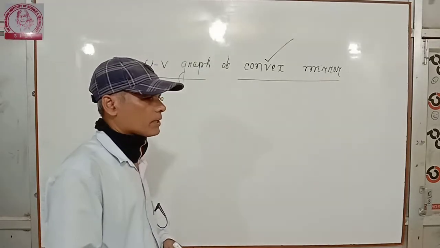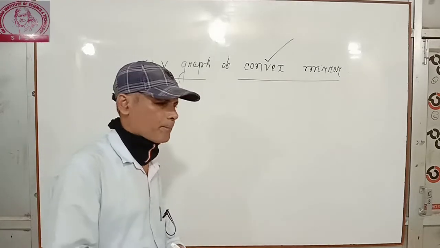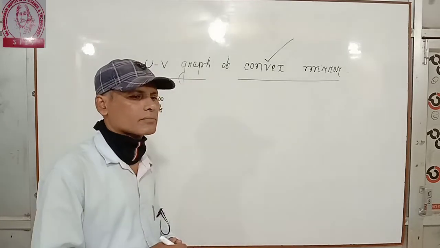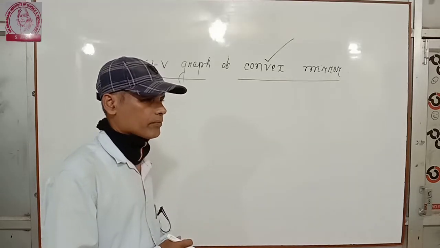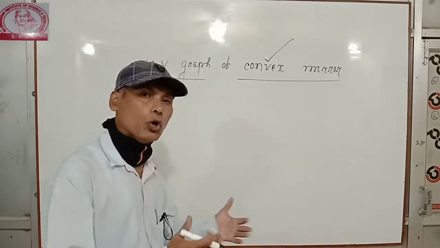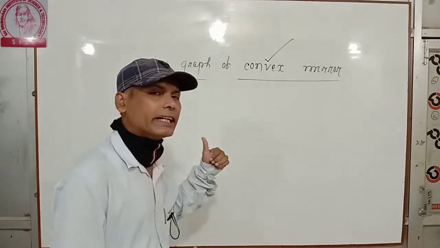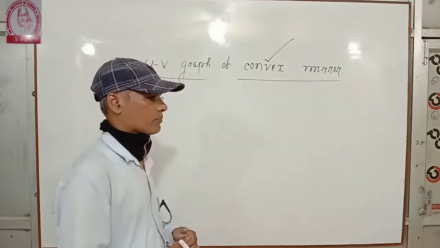Similarly, in case of convex mirror, the object position shifts or moves or extends from infinity to pole of the mirror.